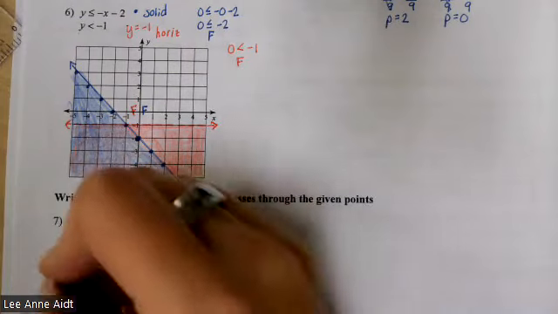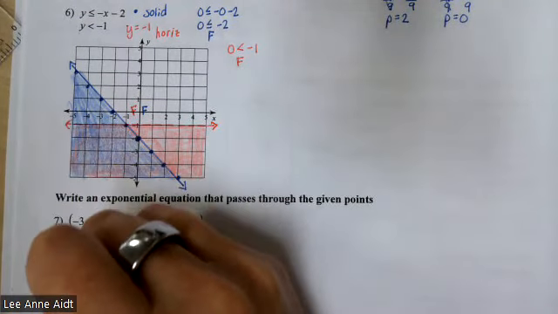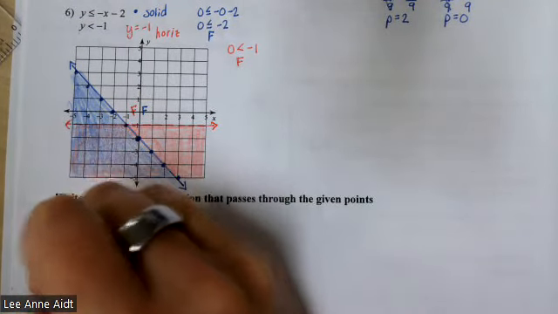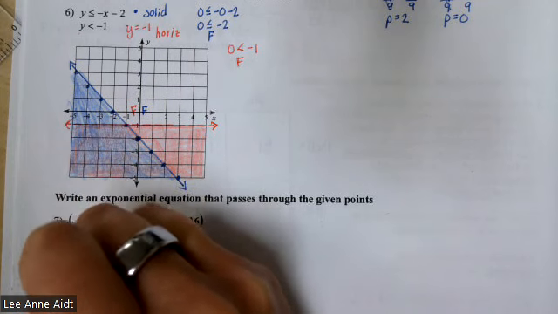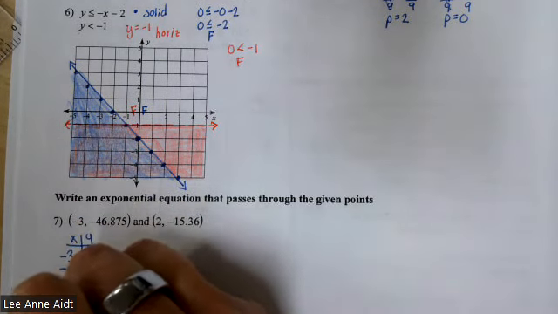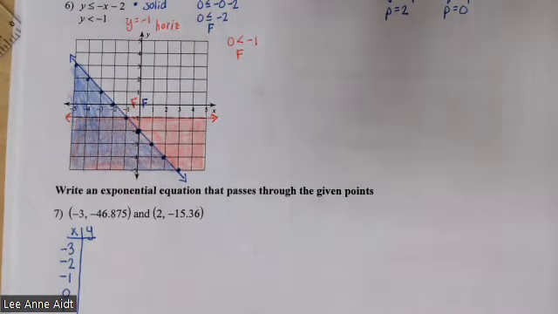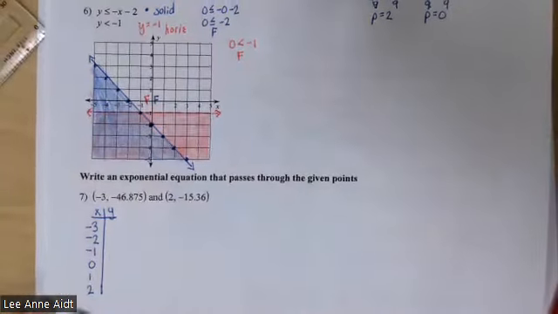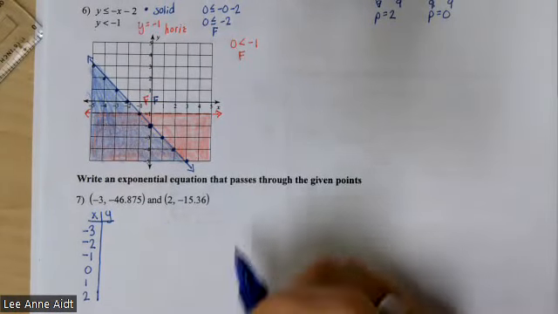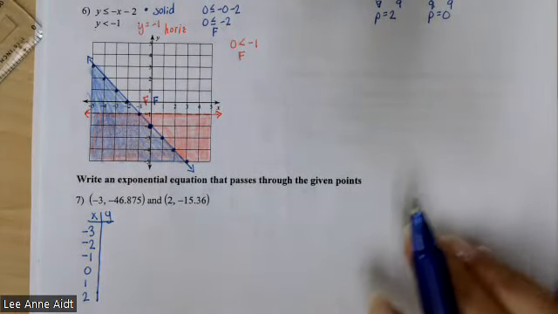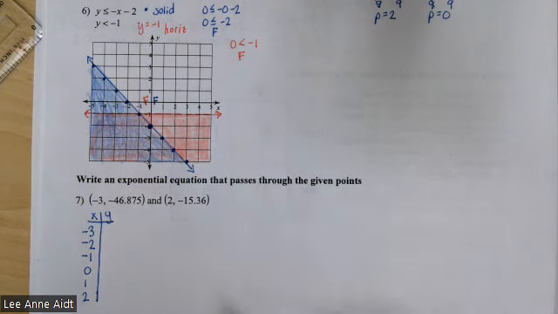Okay, last problem. Exponential equation. Step 1, put your things in a table, making sure that you have a spot for 0.